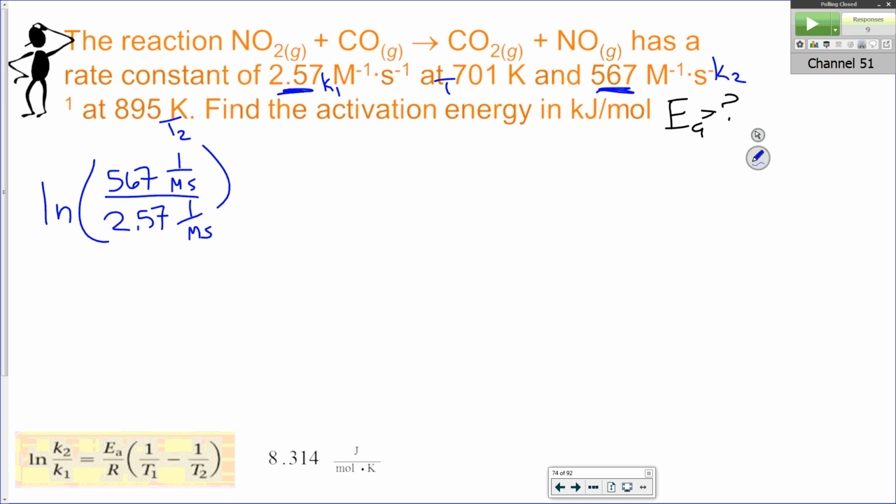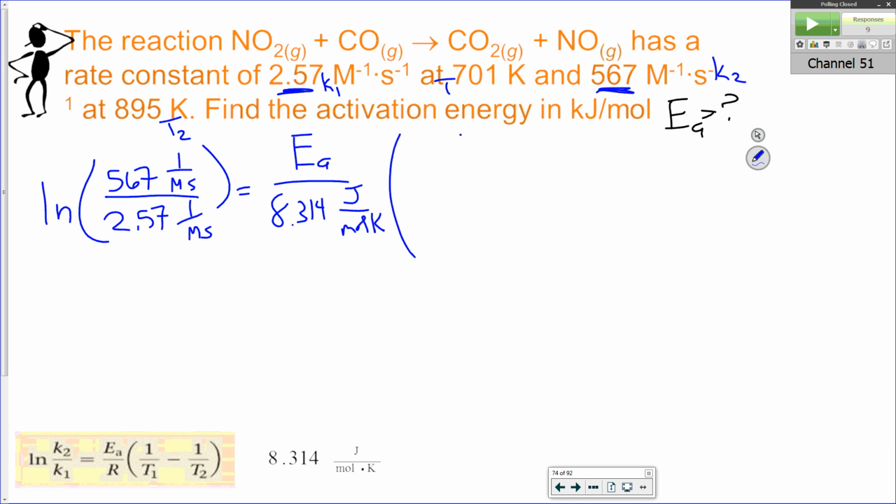It's relatively 2.5, and now it's 560. Okay, so it's almost 200 times faster occurring now. All right, so temperature makes a huge difference. E sub A is the variable I'm solving for. R is 8.314 joules per mole degree Kelvin.